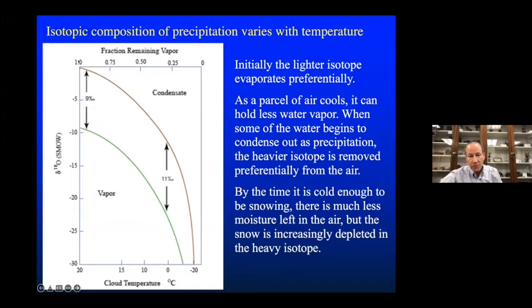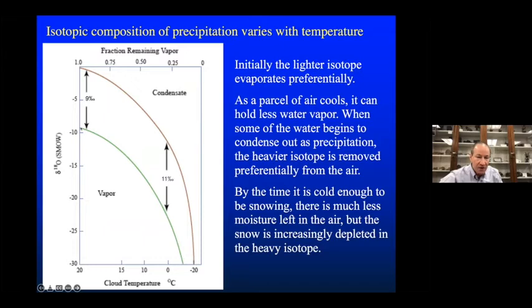Here's a more rigorous image. This captures the Rayleigh distillation of a parcel of air that contains water vapor. I could and often do spend 20 minutes going through this, but I'm going to spare you all that.